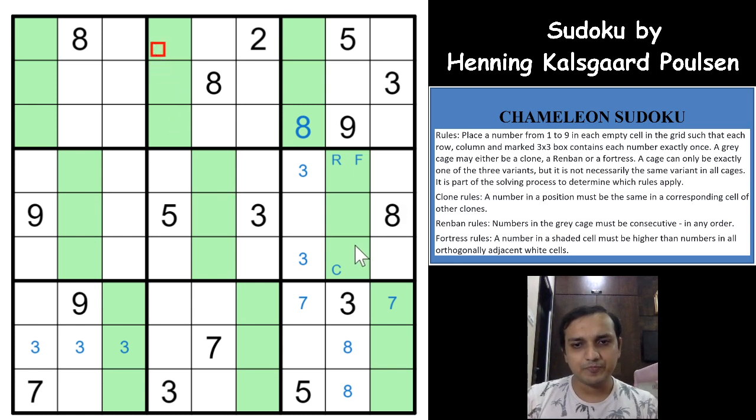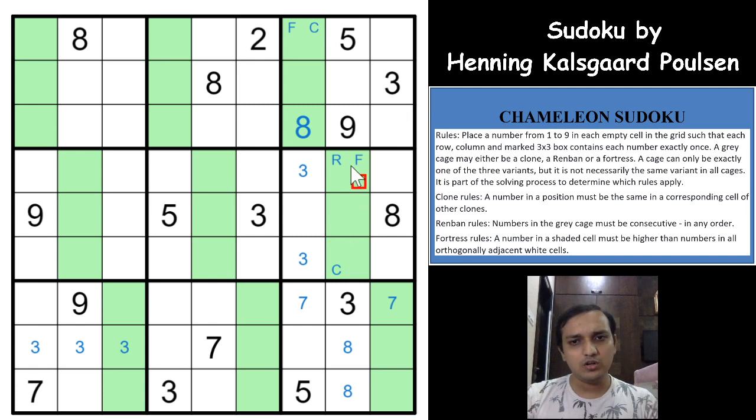So let us see. We have deduced that this has to be a clone region, and this also cannot be a fortress, because you have something greater in the white cell than in the shaded cell, right? So it cannot obey a fortress rule, and neither can it obey a clone rule, because we know that a clone cannot have an 8 here.